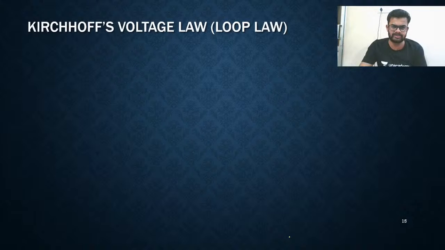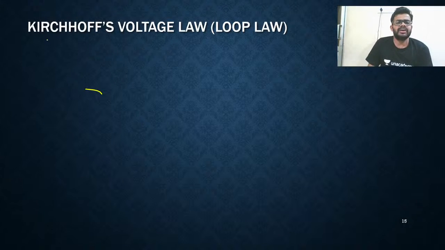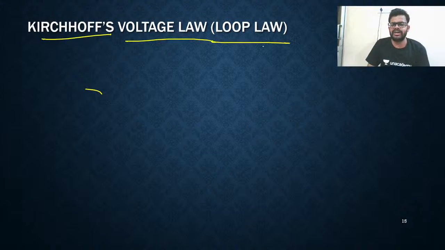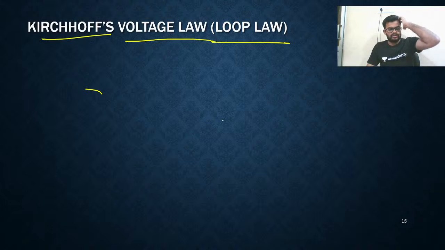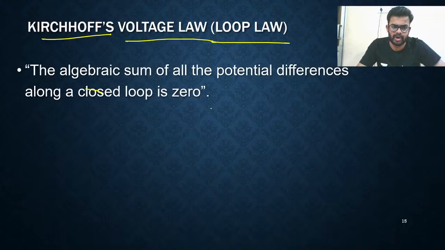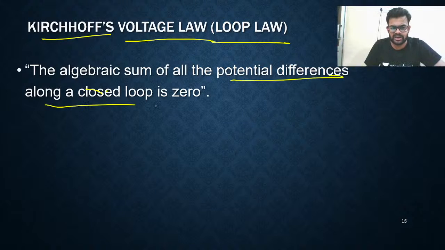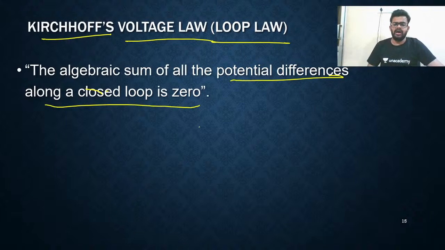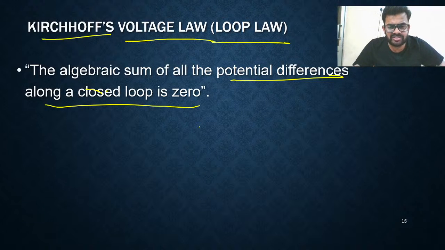Let me explain Kirchhoff's voltage law first. Kirchhoff's voltage law is also called the loop law. Listen, a very important thing I am explaining now. The algebraic sum of all the potential differences across a closed loop is zero. Remember that.